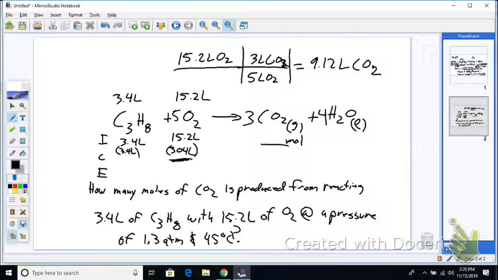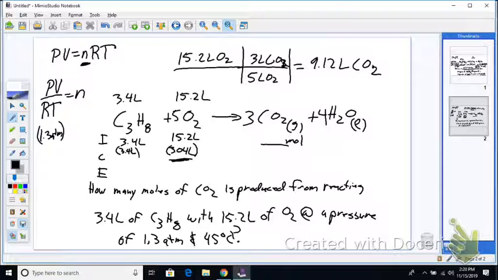So then PV equals nRT. We're solving for n, so PV over RT equals n. Our pressure is 1.3 atmospheres.